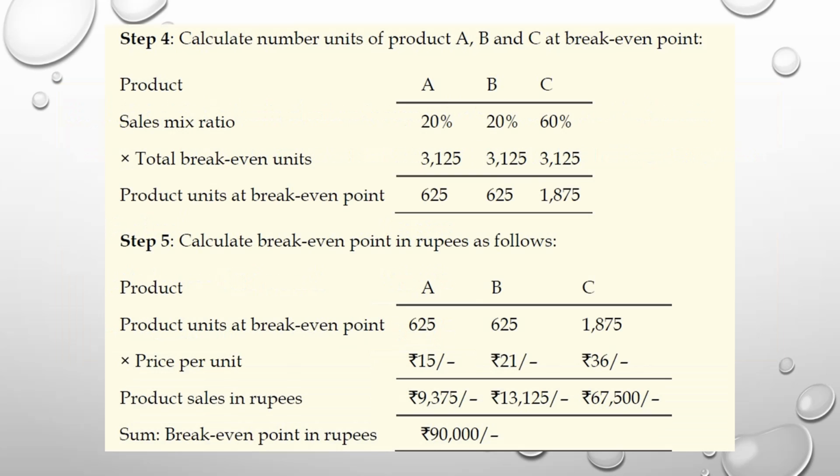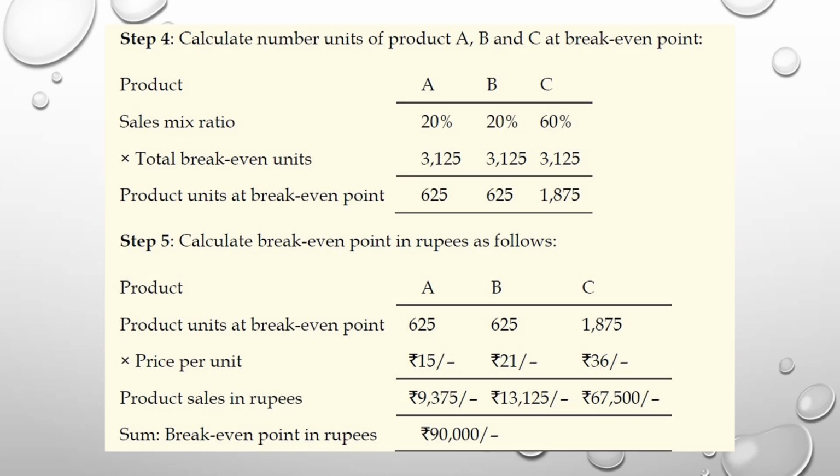Now we are moving to step 4. Here we are going to calculate the BEP of each product, that is A, B, C. The equation is the sales mix of each product into the BEP. The BEP which we already calculated in step 3 is 3125, and the sales mix of A is 20.